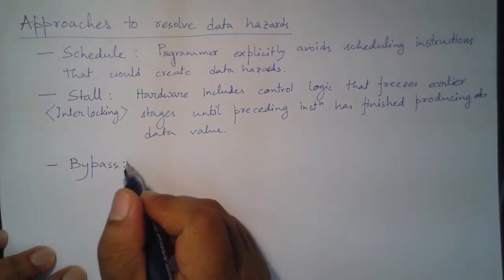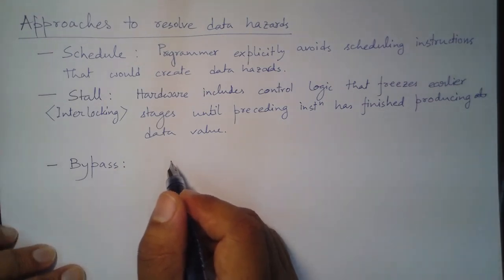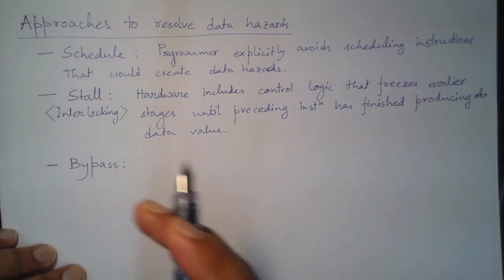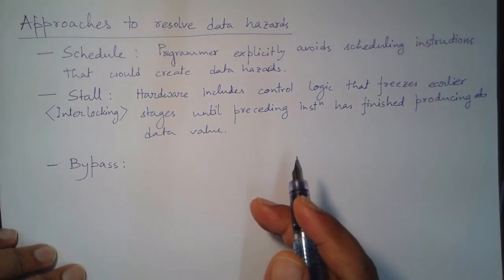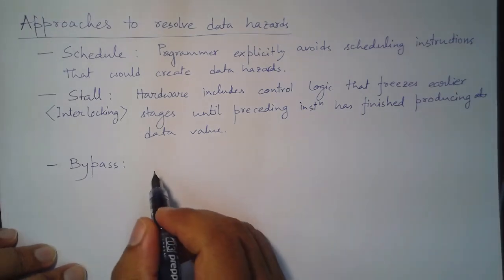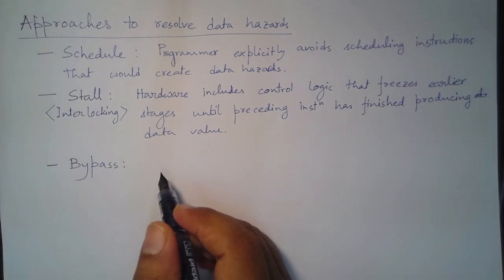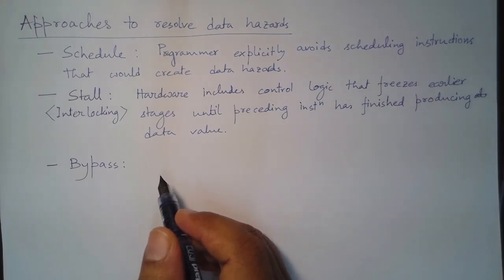So basically in this approach, the result which is getting updated in the previous instruction is sent to the next instruction immediately as soon as it is available, so that you do not have to wait for a long duration for the data produced by the previous instruction.